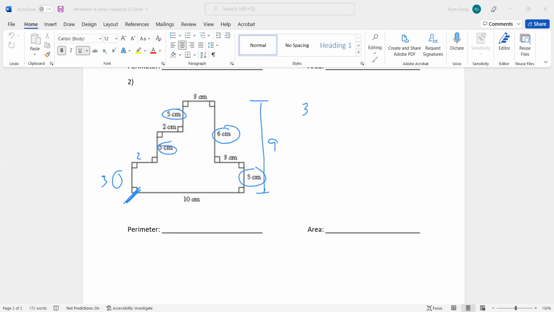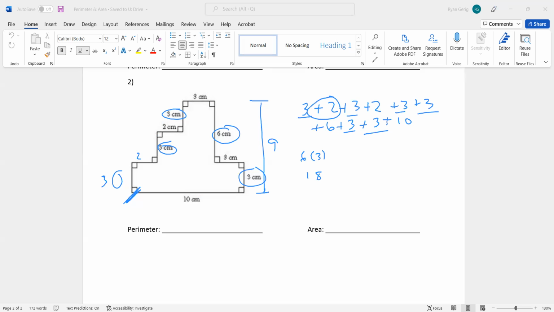Okay, perimeter now. Make sure you mark this one because there's a lot of sides. So 3 plus 2 plus 3 plus 2 plus 3 plus 3 plus 6 plus 3 plus 3 plus 10. So how many 3s is that? 1, 2, 3, 4, 5, 6 3s. That's 18.